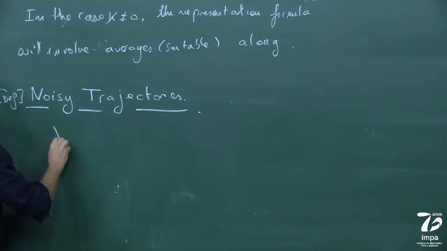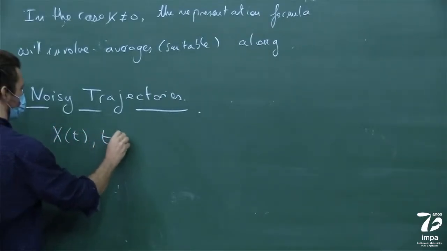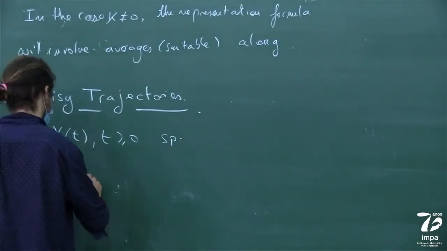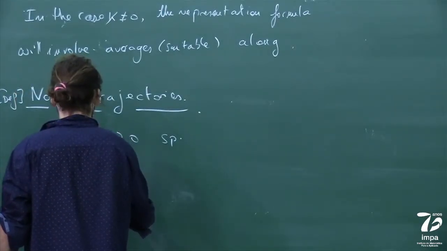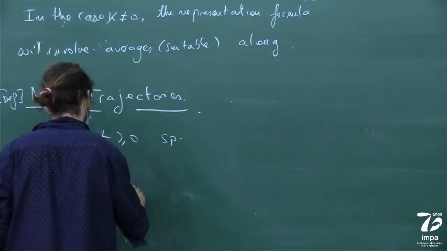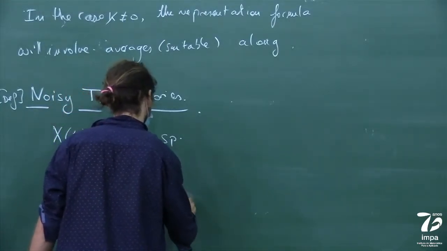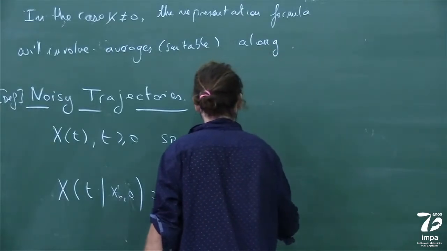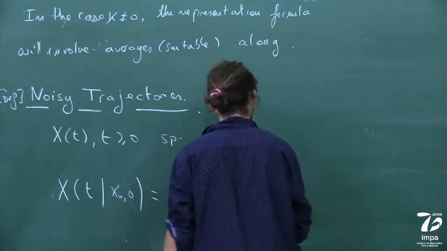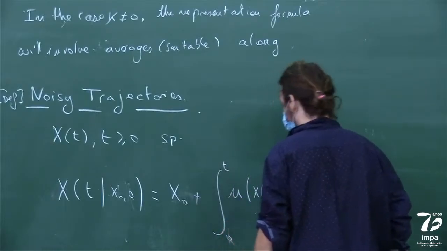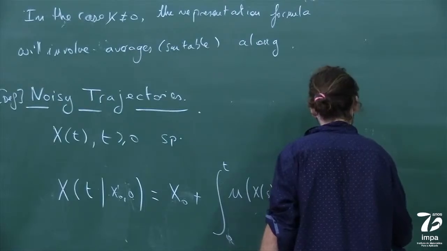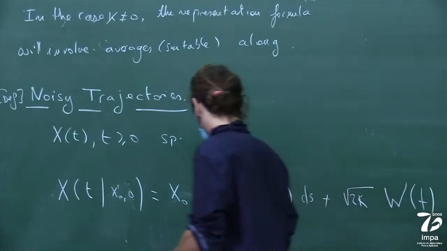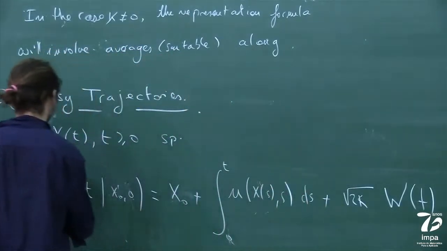It will be a stochastic process, x_t, such that x of t, knowing that I was at a certain position x_0 at time 0, is x_0 plus the integral between 0 and t of u of x of s ds plus the stochastic term, which will be kappa times a Brownian motion, omega_t. So we have a small kappa here, and a small kappa here.